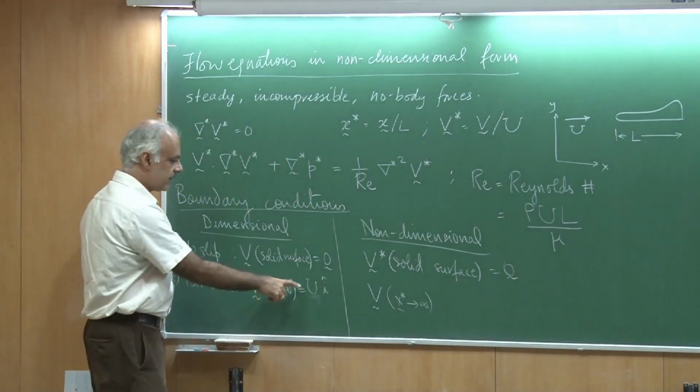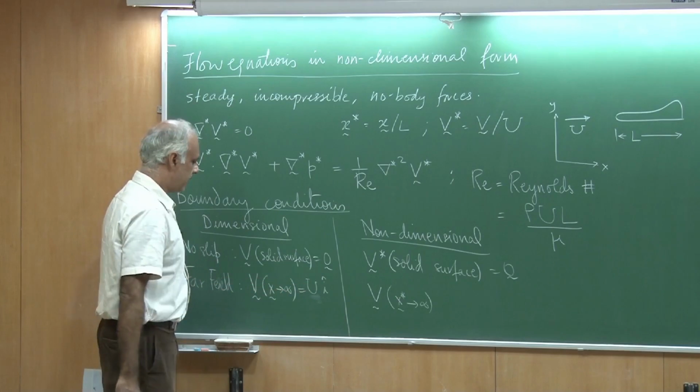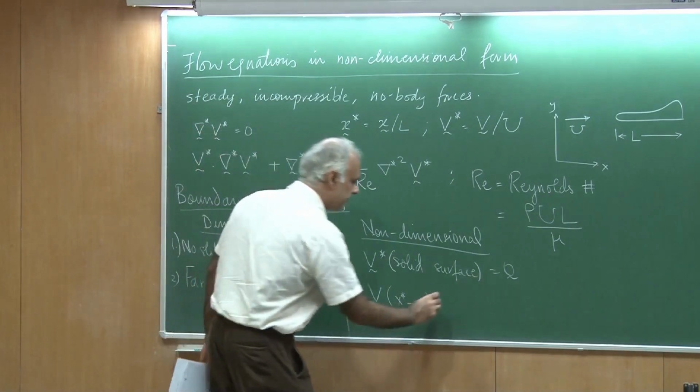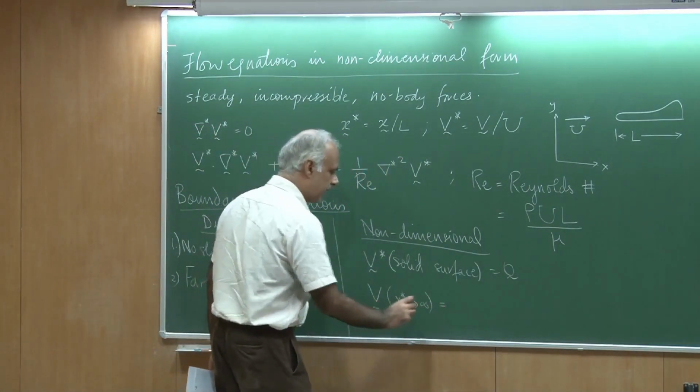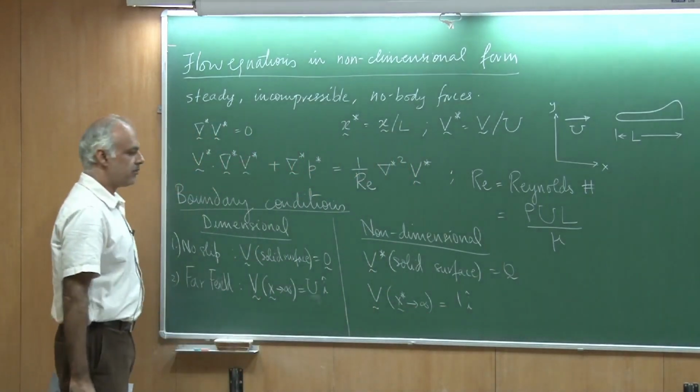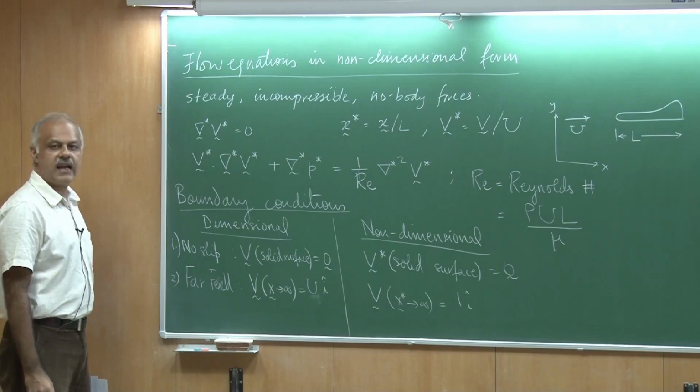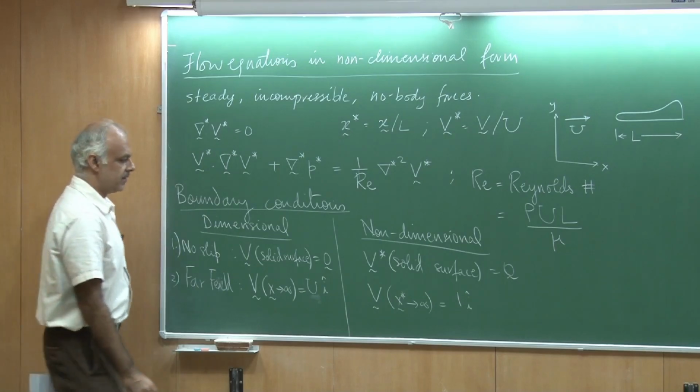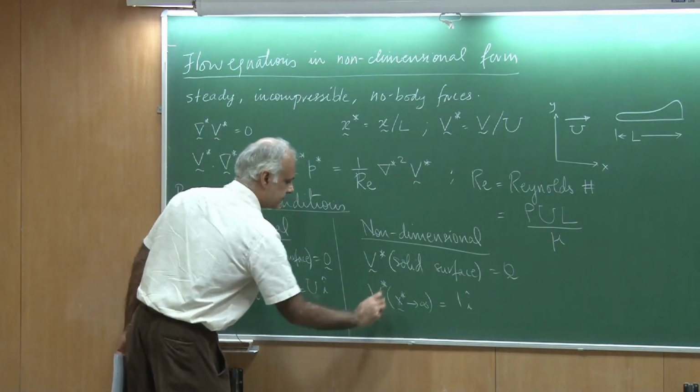And now, as you will see, if I substitute for these non-dimensional speeds, then this would become 1. Okay? So far away, my speed is actually unity. So this would be the v star.